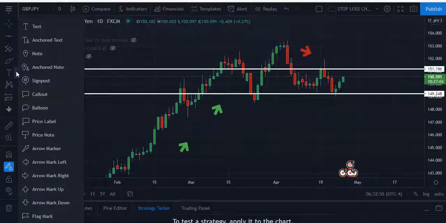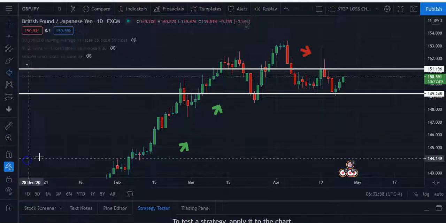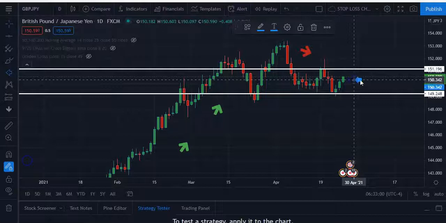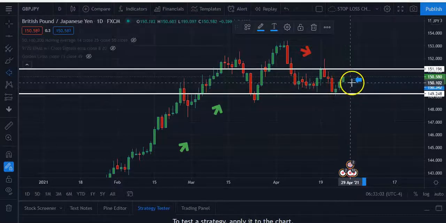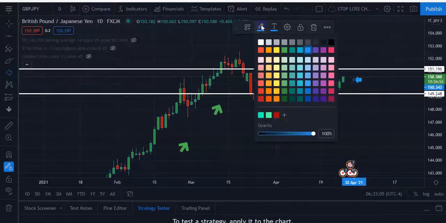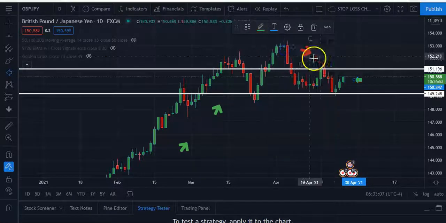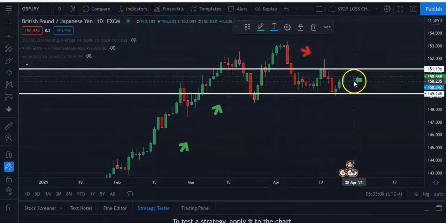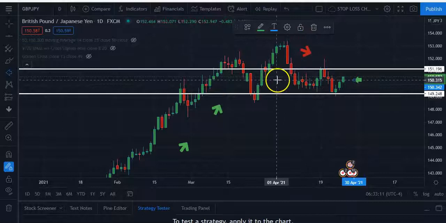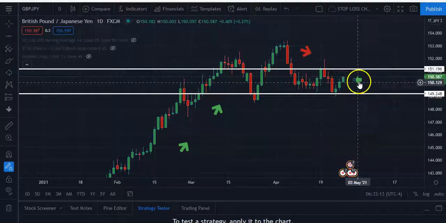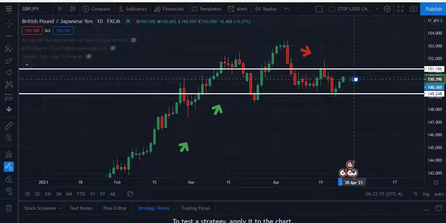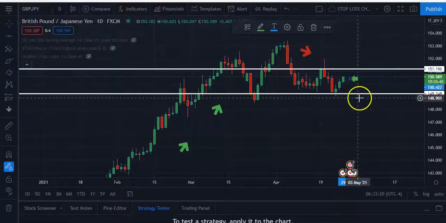I want to make sure that we acknowledge that. So that's for that area right there, and we're acknowledging that. That's for this candle right here because we are on the daily time frame.